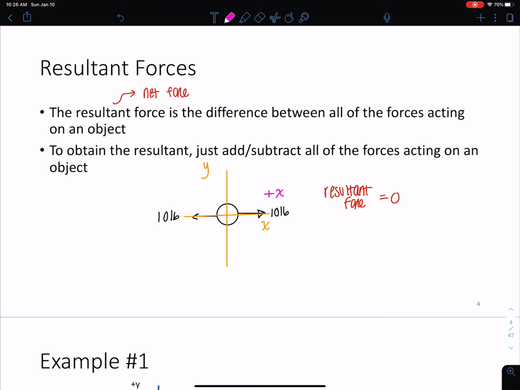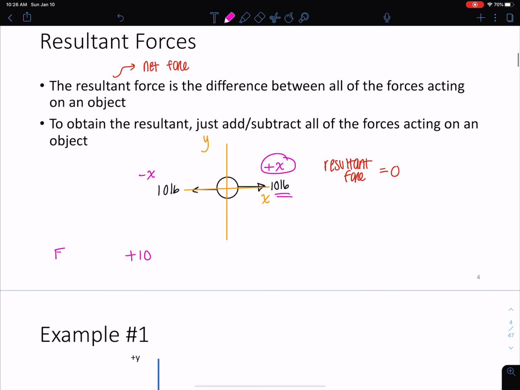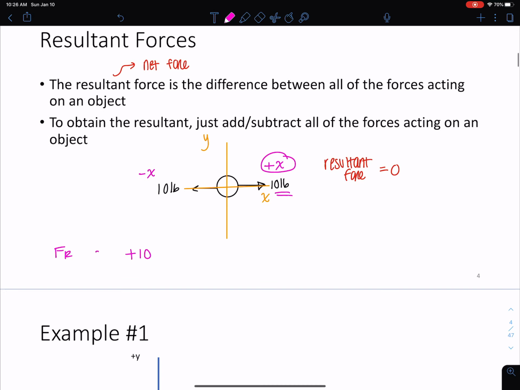This negative 10-pound force acts in the negative x. So what happens is I would have 10, it would be positive, so I'd have a positive 10. And this is the resultant force, right? And then here I'd have negative x, which means I need to subtract 10. And that's how I get that 0. That's how I would actually write that out.